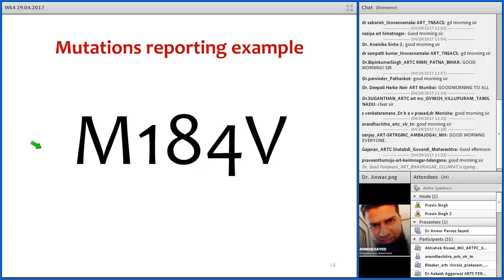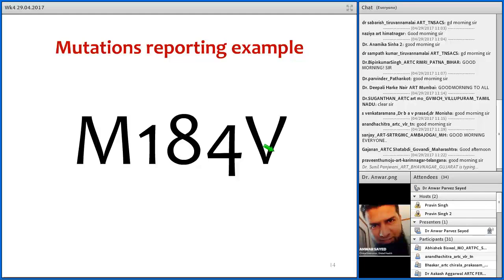It is reported like this: M184V. This is one mutation being reported, where 184 stands for the position of the amino acid in the whole sequence, M is the original amino acid which was supposed to be at that position, and V is the amino acid with which it has been replaced.